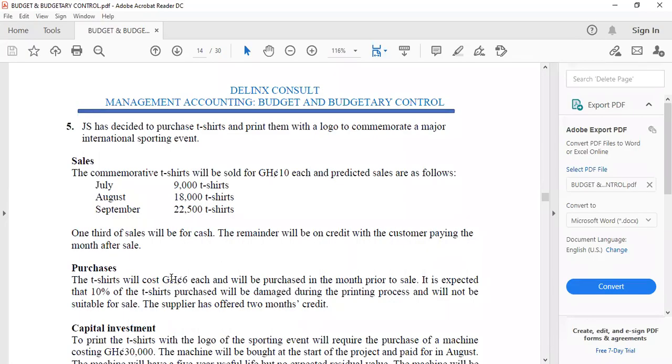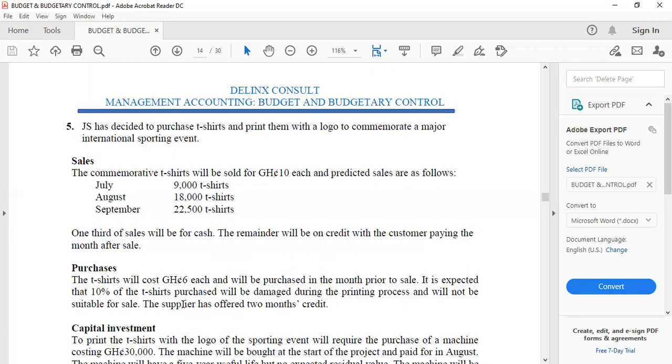But the payment, how do we go about it? This is the question. Purchases. The t-shirt will cost six cedis each and will be purchased in the month prior to when it is sold. It means that the goods were purchased in June before they will be sold in July. August goods will be purchased in July, and September goods will be purchased in August.